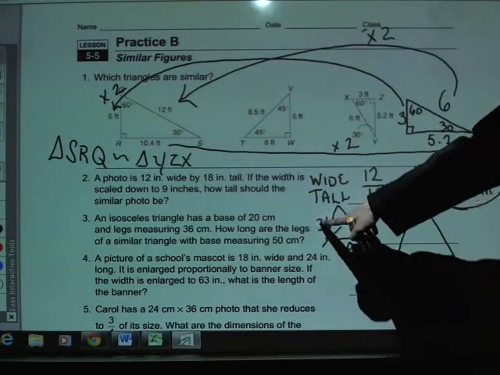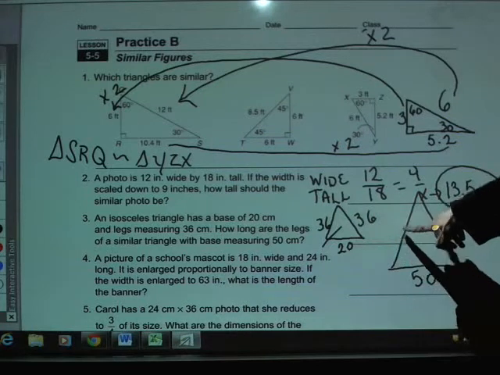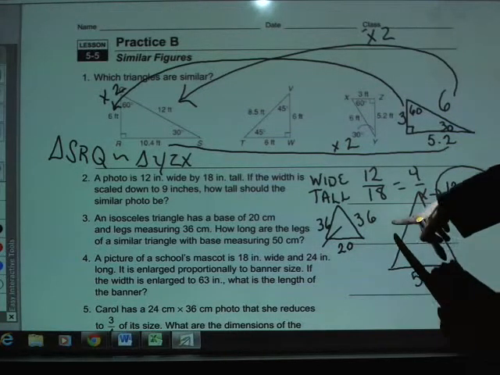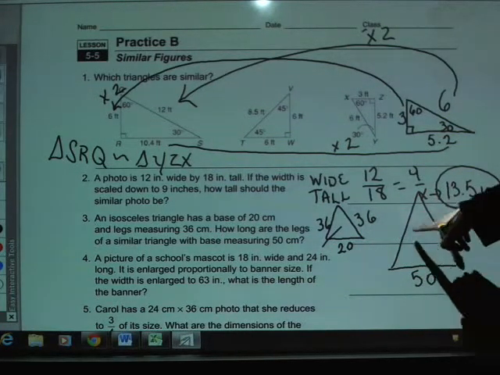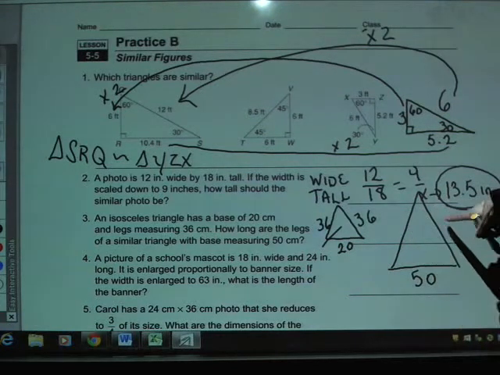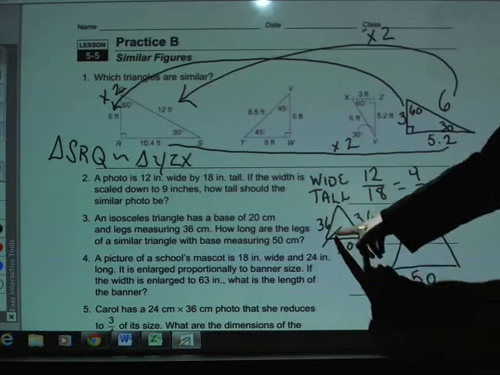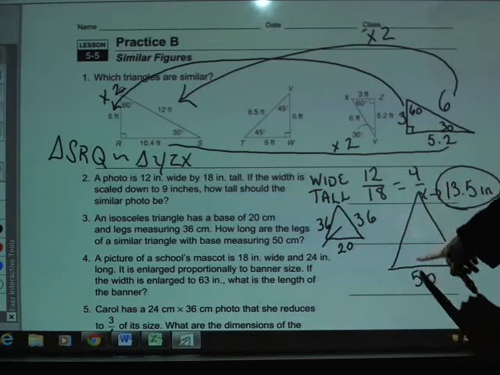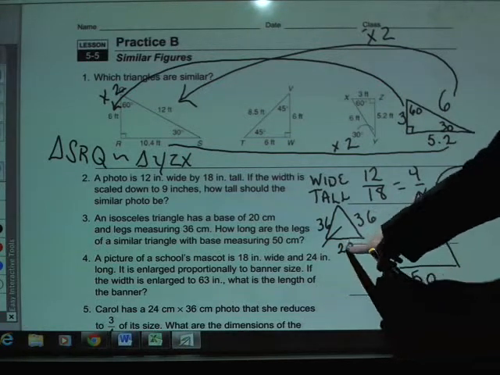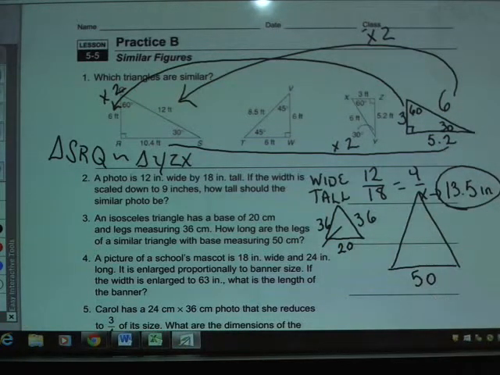Because think, you're looking at the left and the right side. Well, if I come at the left and the right side over here, I have nothing and I have nothing. I can't solve a proportion when I'm missing two pieces of information. I can only solve out the proportion when I'm missing just one piece of information. So I can compare the 36 and the 20 to this side and 50, or 36 and 20 to this side and 50.